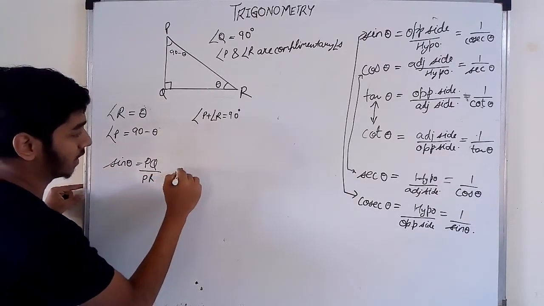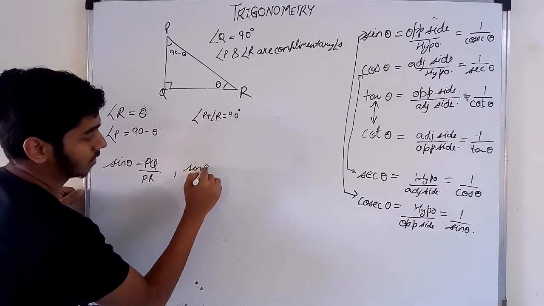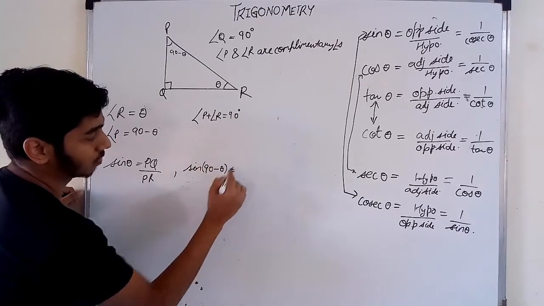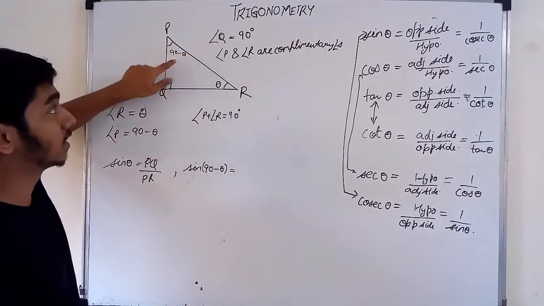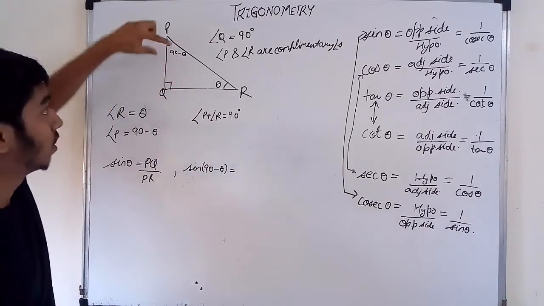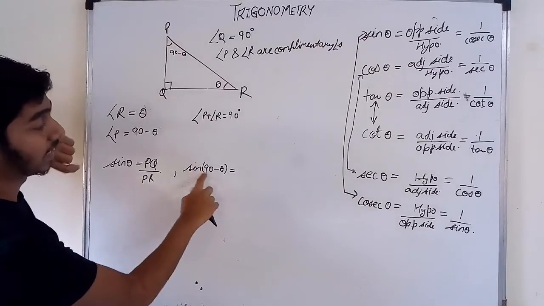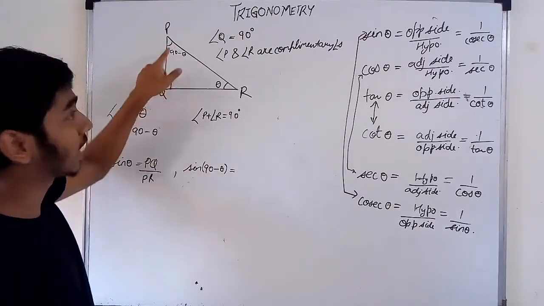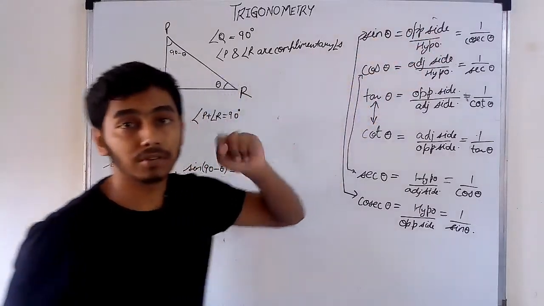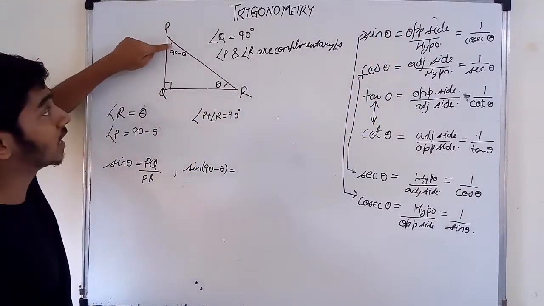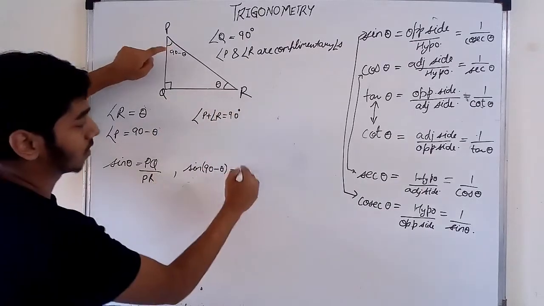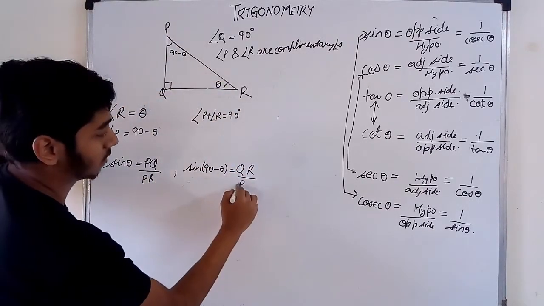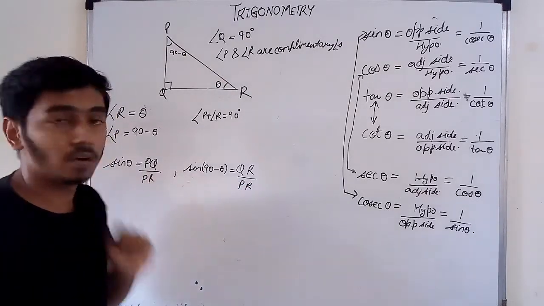Now let's find sine 90 minus theta also. This angle is 90 minus theta, so let's find sine for this. It's opposite side upon hypotenuse again. The opposite side of this angle is QR, so QR upon hypotenuse PR. Correct? So I got this.